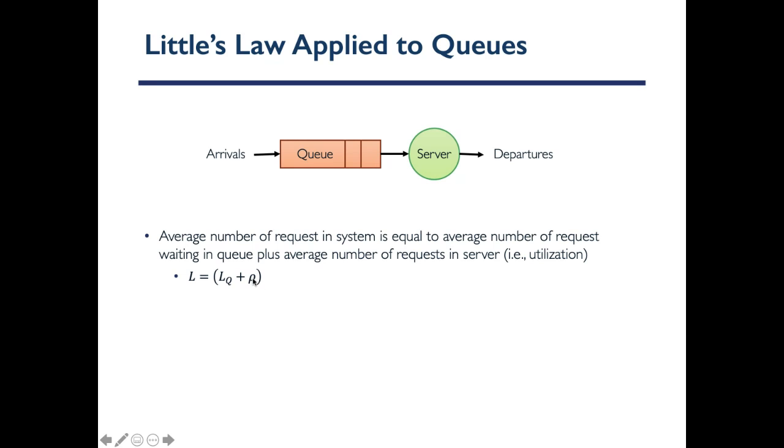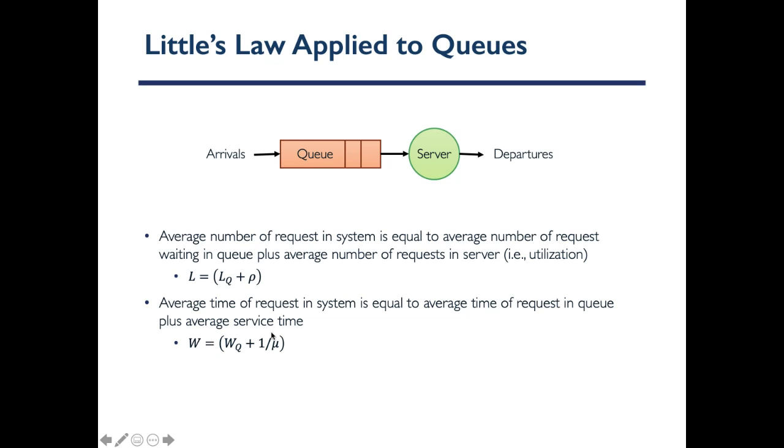This utilization says on average how many agents are being served, right? So that's where the average comes in. The average number of people in your system is the average number of people or items in your queue plus the average number of agents that are being served. So that would be your L.